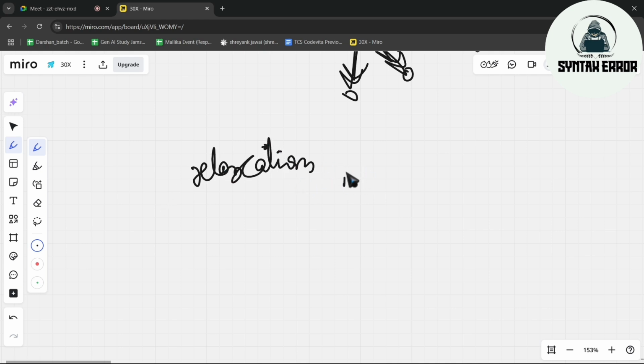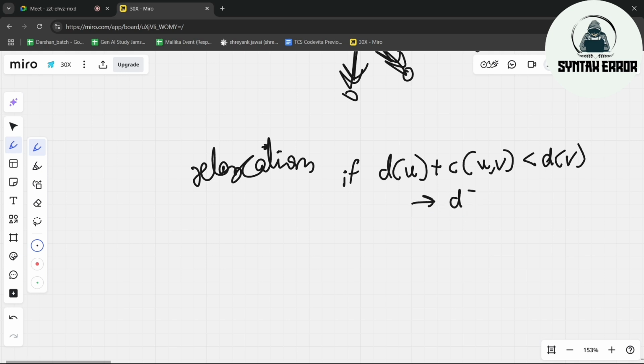The relaxation concept is: if d(u) plus c(u, v) is less than d(v), at that time we have to update our d(v) to d(u) plus c(u, v).